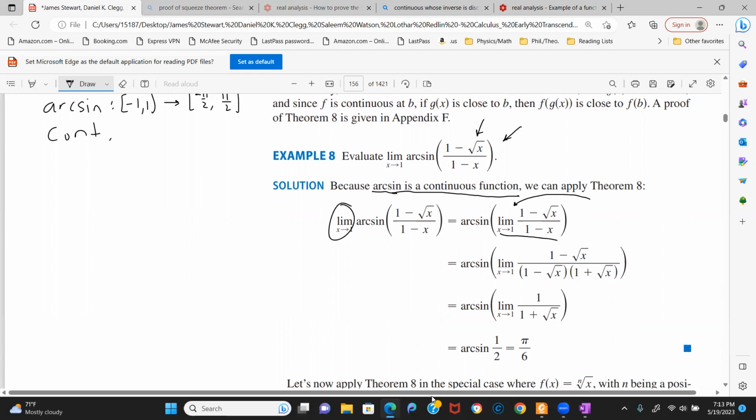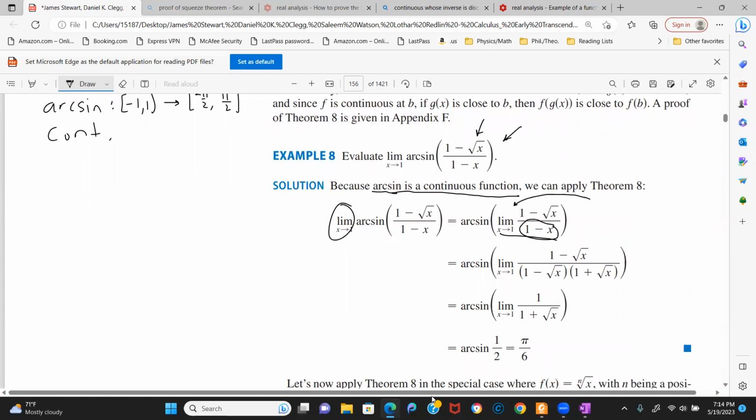What we do have to do here is we can't just do this limit by direct substitution, because if you plug in 1 you get 0 over 0. But what you can do, and they did this, is factor the denominator.